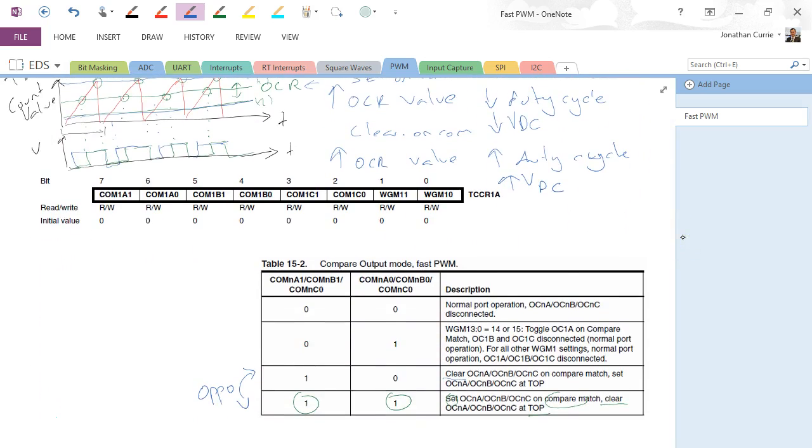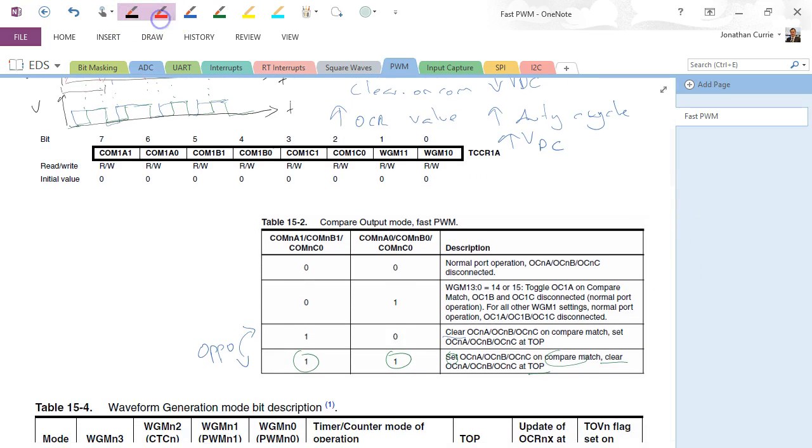So let's look at how we would actually set this up. Once again, we have TCCR1A as one of our timer counter control registers, and the first 6 bits set up the compare mode for Fast PWM. Noting we have a different table that we're using from CTC mode.